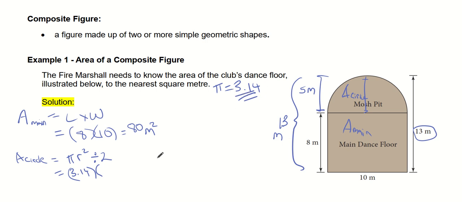On a test or quiz, I'll probably give it, but this is something you should know. Now r, in this case, is our radius. Looking at the circle, you can tell right here the diameter. I figured it out this way, but you can also figure it out this way because you know the diameter itself is 10 meters.